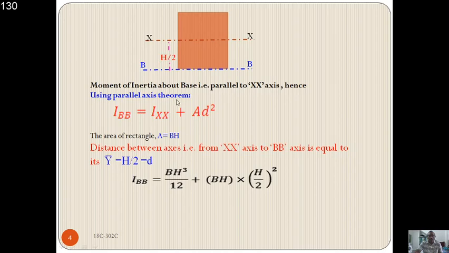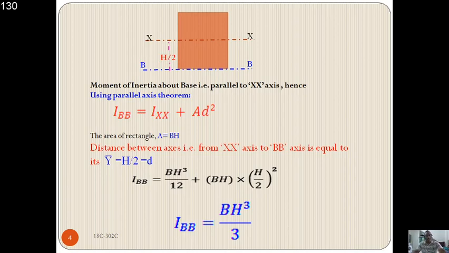The distance between both the axes is h by 2, that is d. Then substitute the values in the equation for IBB. Therefore bh cube by 12 plus area into d square. After solving this, you will get IBB is equal to bh cube by 3.